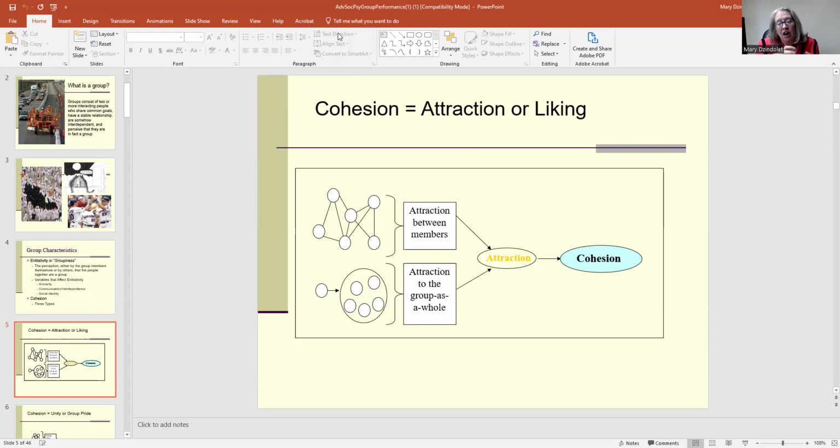The higher those are, the higher your attraction will be, and the more cohesive the group will be. Now, I will say this part of attraction or liking, some research finds it's not that important when you parse out the others. A lot of studies find, though, that it stands on its own, that this by itself leads to some amount of cohesion.